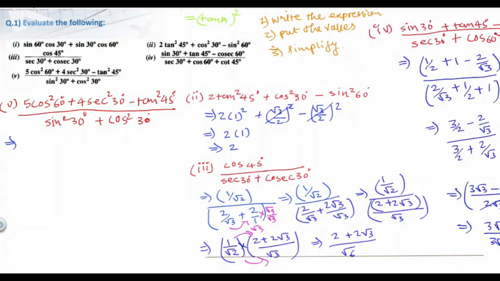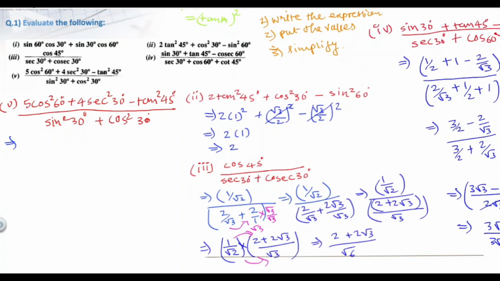Okay, there are 3 simple steps to solve these questions. We have to write the expression first, then put the values of trigonometric ratios in the expression, and the last step, just simplify this. Okay, there is no limit for simplify. So as much as you can, simplify it, the rest is fine, okay.